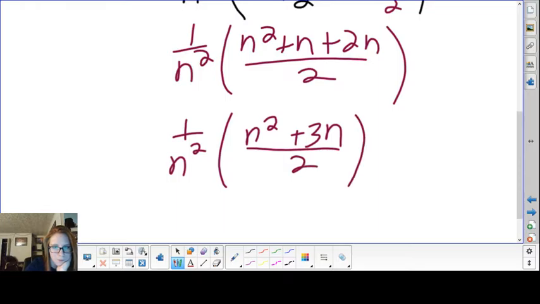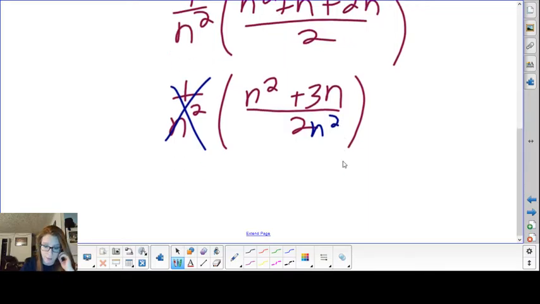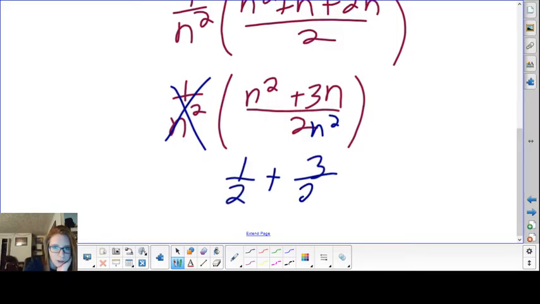At this point, I can go ahead and say goodbye to your n squared. He's over here in the denominator. We know that both terms have things that are canceled, so I'm left with 1 over 2 plus 3 over 2n.